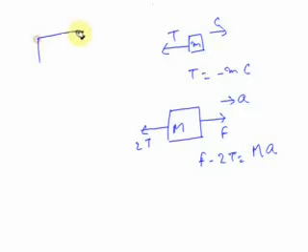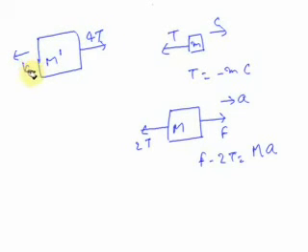And for the block of mass m dash, the net force acting on it was 4T and its acceleration was b, so we can write 4T is equal to minus m dash b. Here again the direction of net force and the acceleration are opposite to each other, so we have added a minus sign here. So these are the three equations of motion.